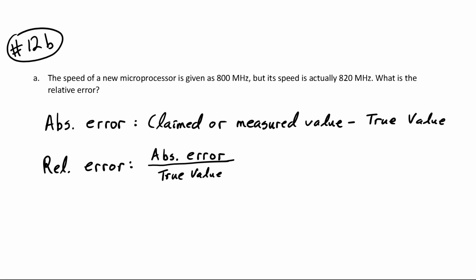Well, here's how we're going to interpret what we have here. This 800 megahertz is what they claimed. The speed should be. However, the true value it turned out to be is the 820.